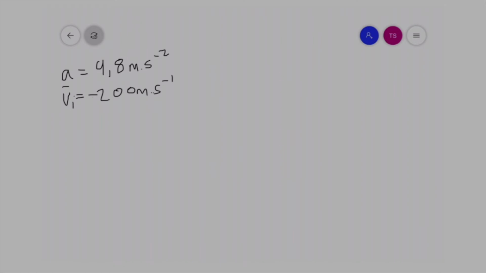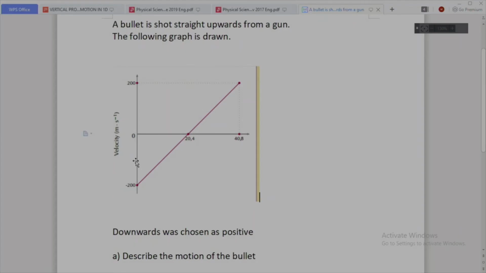And what do we know again? Let's go back to our graph. What do we know? We know it took the bullet 20.4 seconds to reach its maximum height, right? So we know the time, which is 20.4 seconds.